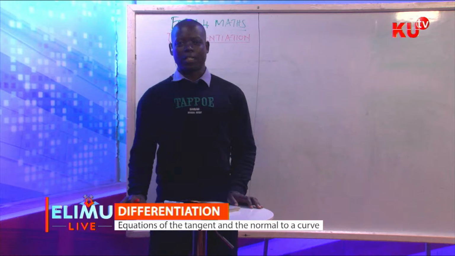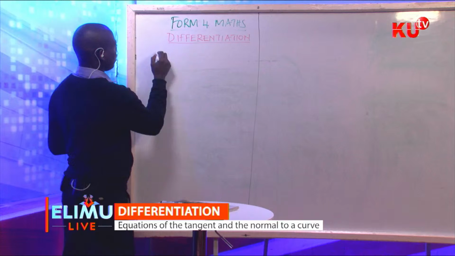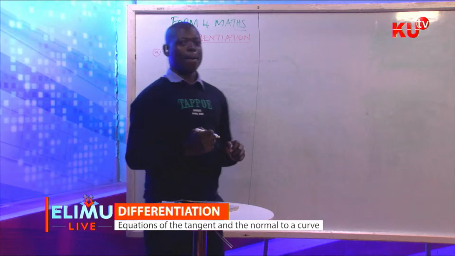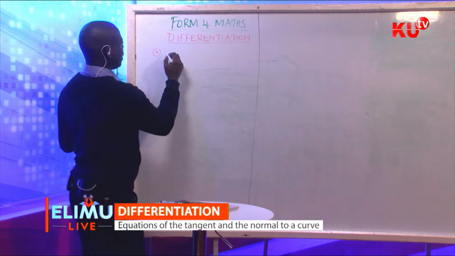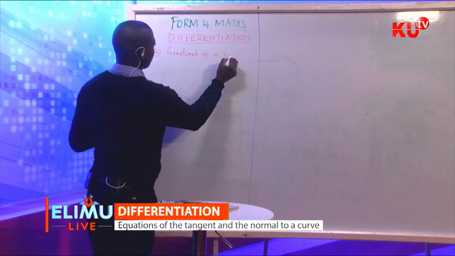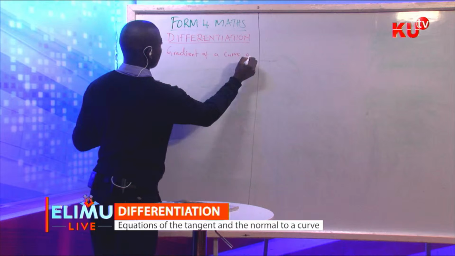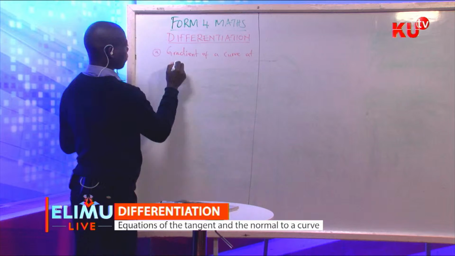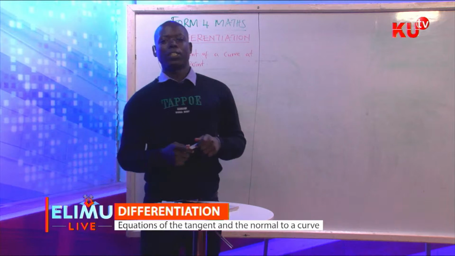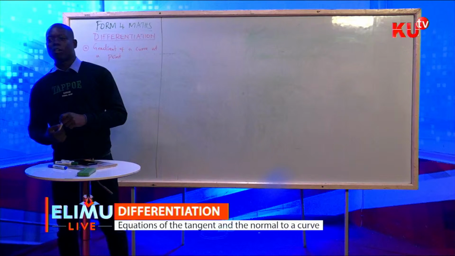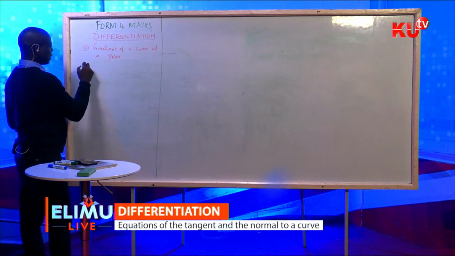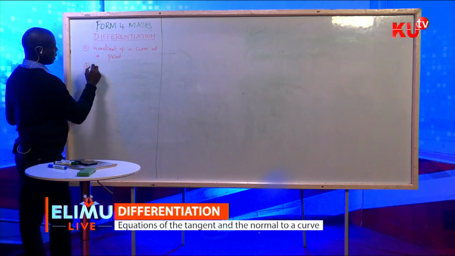And as I said, our discussion is going to be based on two items. One, we want to look at the determination of gradient of a curve at a point. We will review determination of gradient of a curve at a point. And number two, students, we are going to look at what we call the turning points.